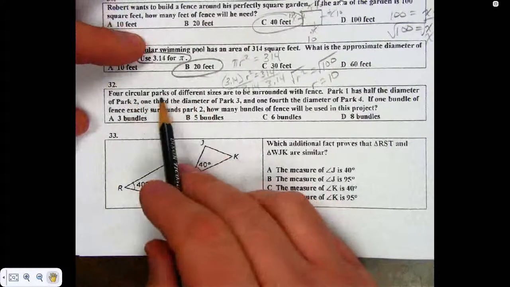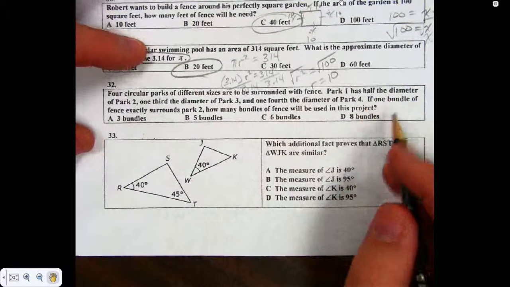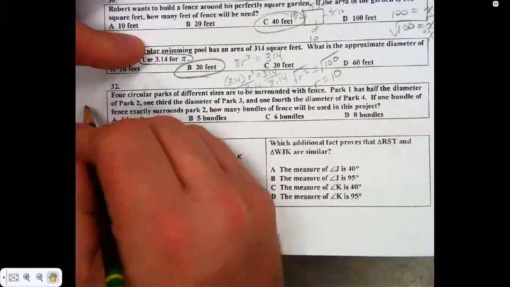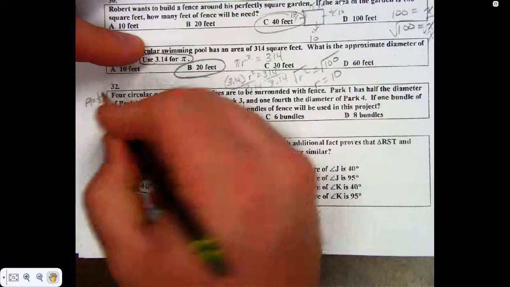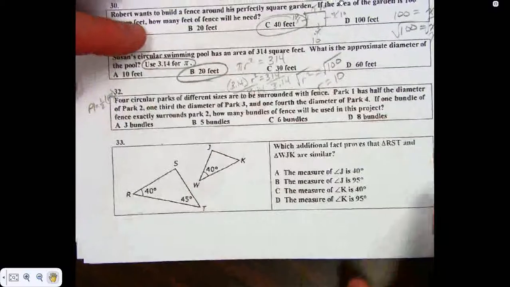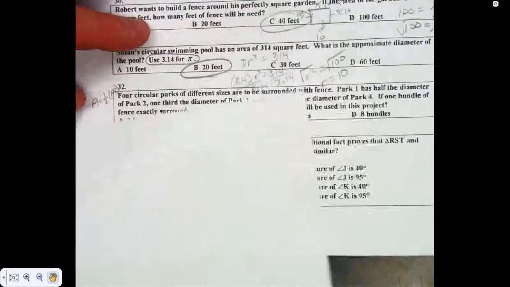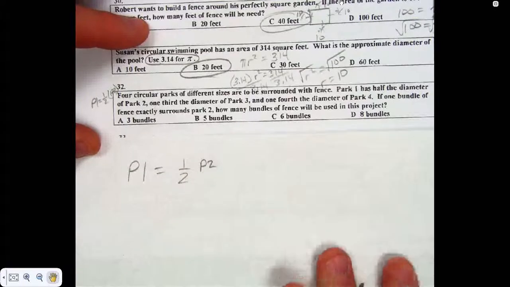Circular park. 4 circular parks of different sizes are surrounded by fence. Park 1 has half the diameter of Park 2. Okay, so P1 is equal to 1/2 P2. Park 1 is equal to 1/2 P2, okay?